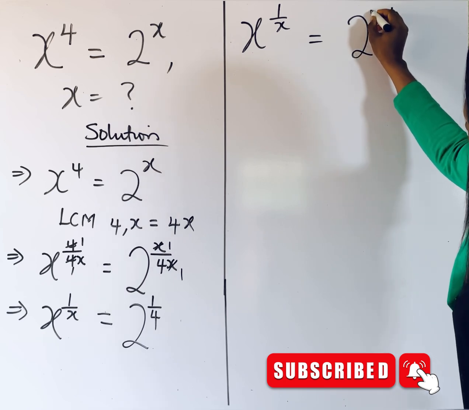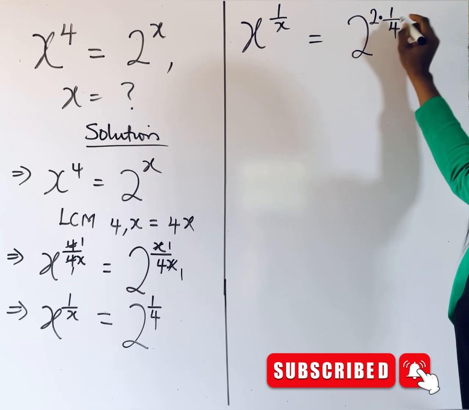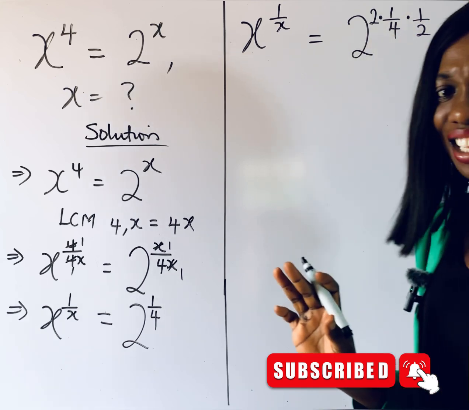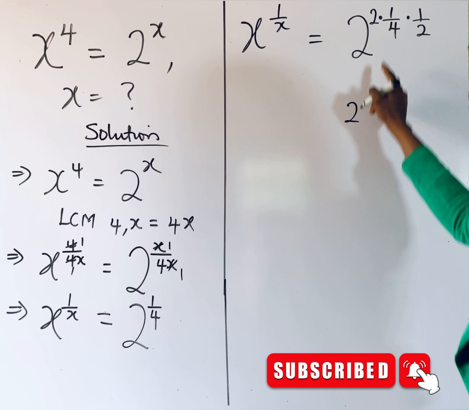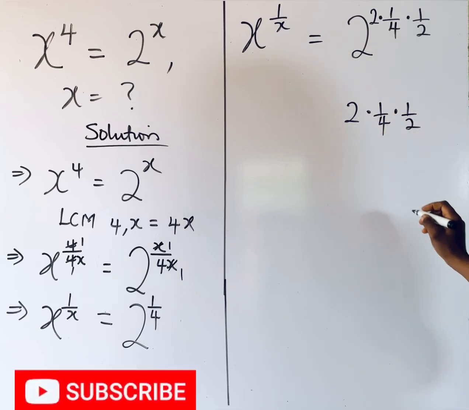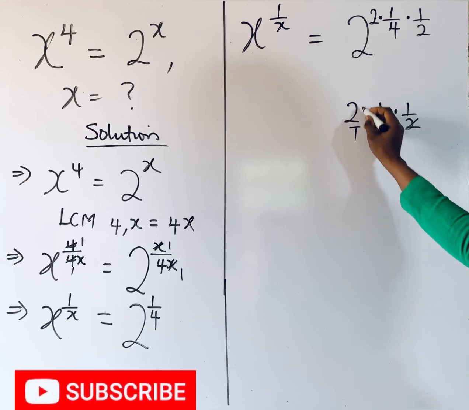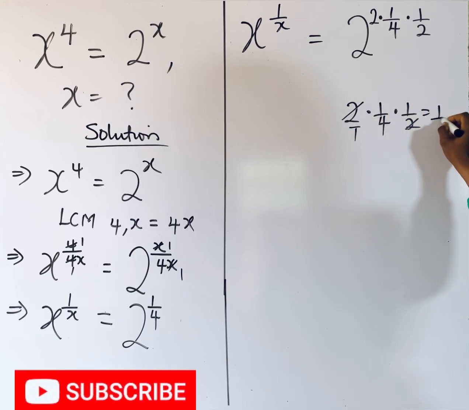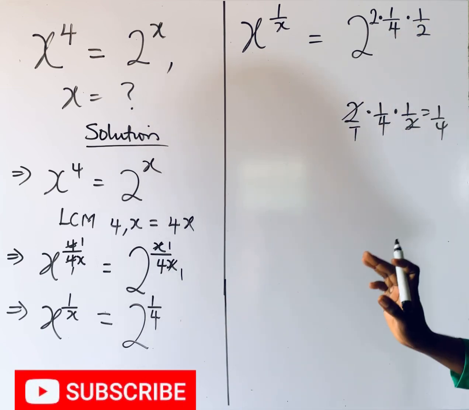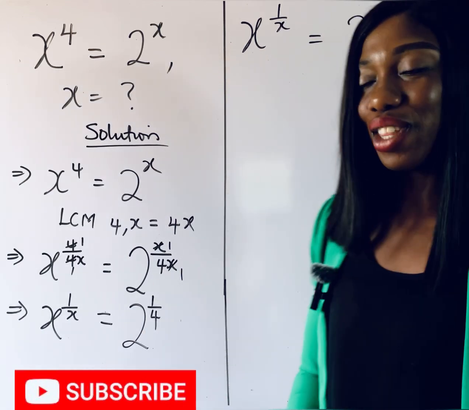Now this will be the same as multiplying the 2 by a half. Have we changed anything? Let's see. If I have 2 multiplied by 1/4 multiplied by a half, you observe that these 2 will cancel, so you'll be left with 1/4, which is what you have here. So you have not changed anything. It's just to help you solve the equation.